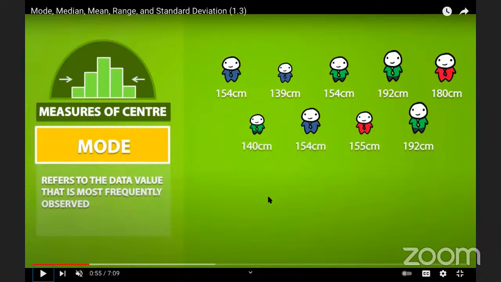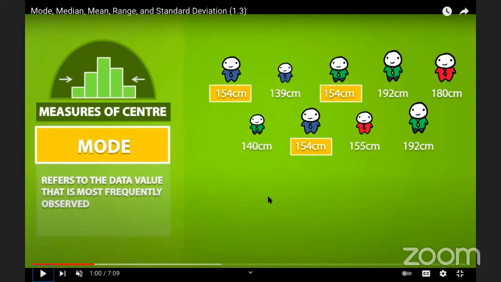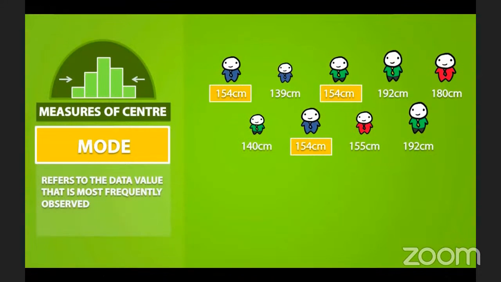In this data, what is most frequently observed? You can see 154 centimeters is repeating thrice. So this is the number that comes most frequently in the data. That is how you identify the mode. Here, 154 centimeters is the mode.